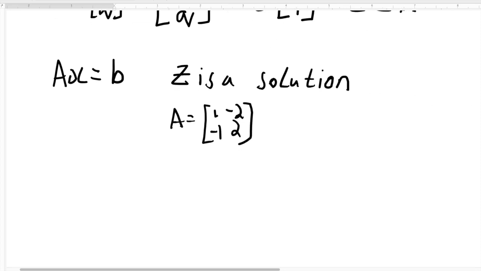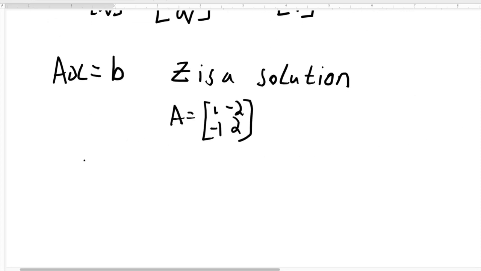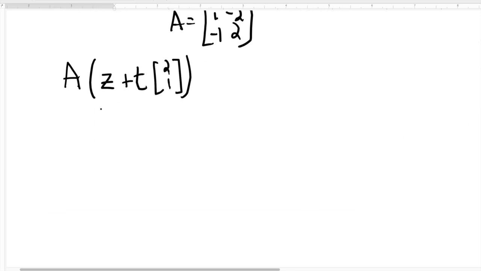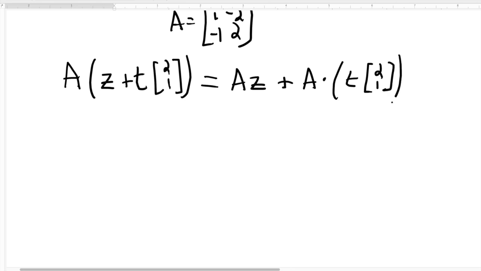The reason why this works is because if we do A multiplied by (z plus t(2, 1)), then we'll end up with another solution. And this can be seen because if we simplify this expression, it is going to be equal to Az plus A multiplied by t(2, 1).